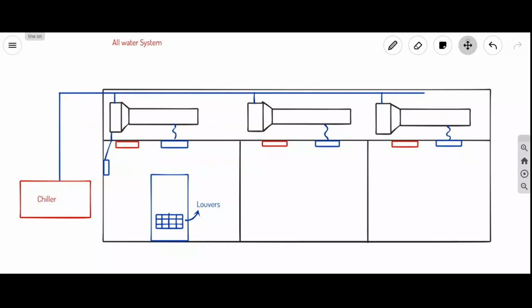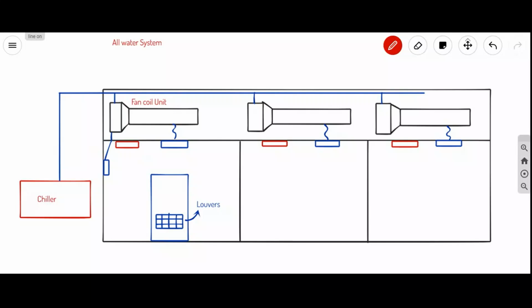Now, second point. As I previously told, this fan coil unit system is called an all water system. In an all air system, we take air completely from outside and supply it to the room to cool the room, as in yesterday's session.